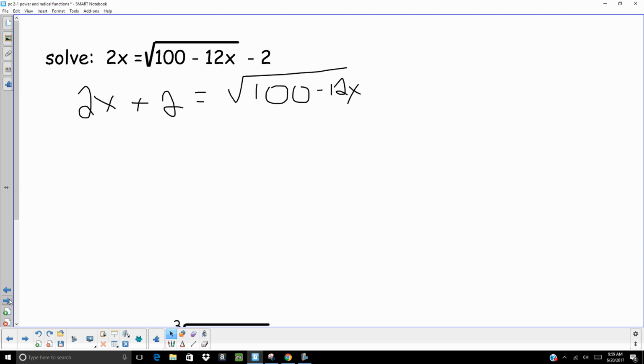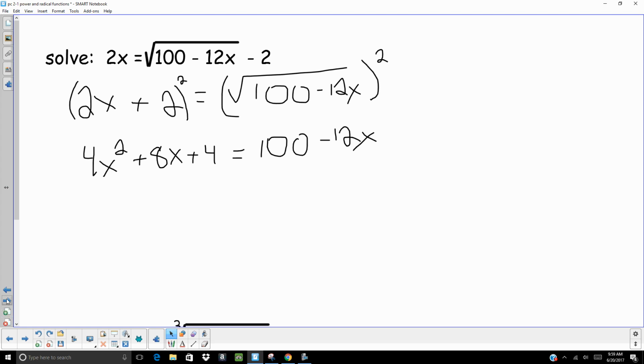Now that we have that radical by itself, we're going to square both sides to get rid of that square root. Because a square and a square root are inverses of each other, they're going to cancel each other out. Make sure you FOIL. That's 2x plus 2 times 2x plus 2.